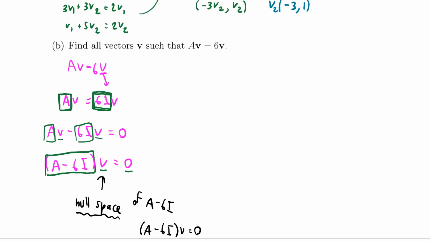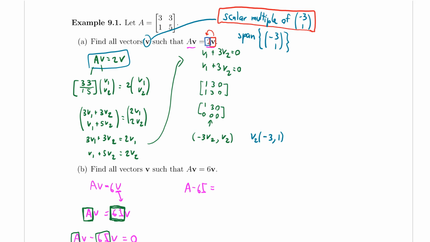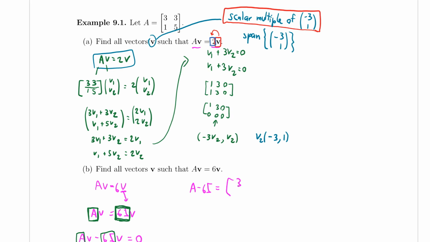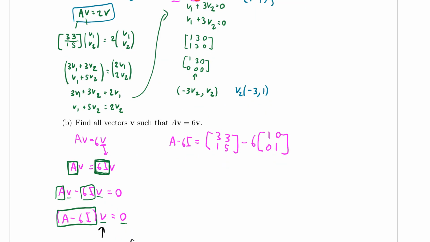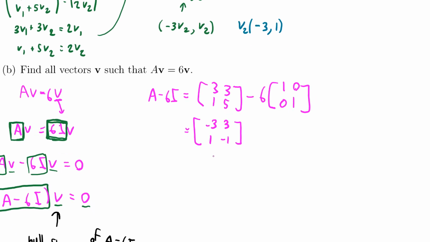So, what is A minus 6I? My A would be, let's see, 3315, minus 6 times I, which would be 1001. I do the subtraction, and that's going to give me, let's see, negative 3 and 3 and 1 and negative 1. Now then, I can row reduce this already.